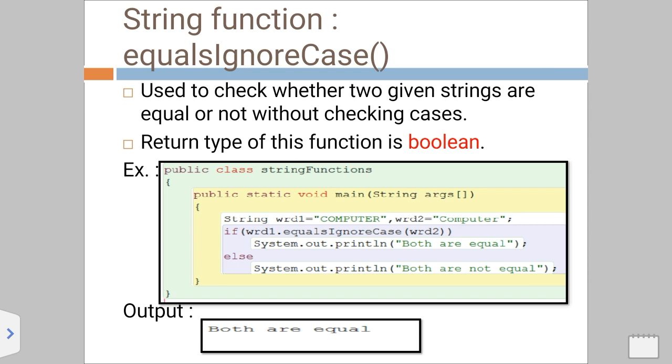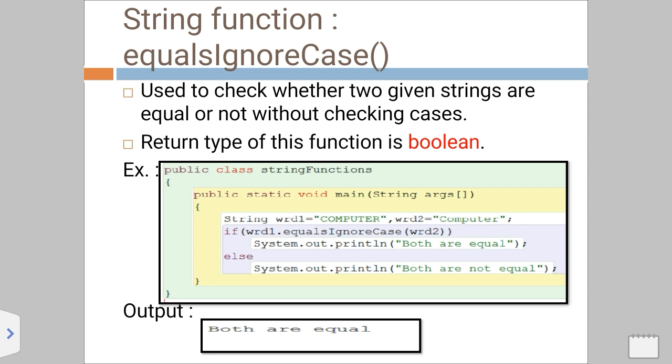That's why I always prefer to use this function. This function is used to compare two strings, and it basically never checks cases. That's why it is more beneficial than equals. And this function always returns us a boolean value.